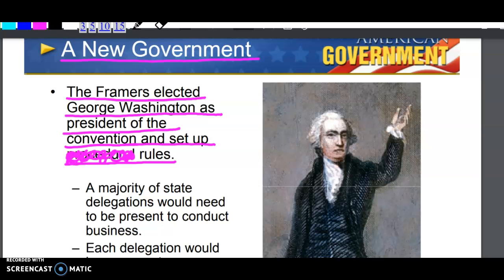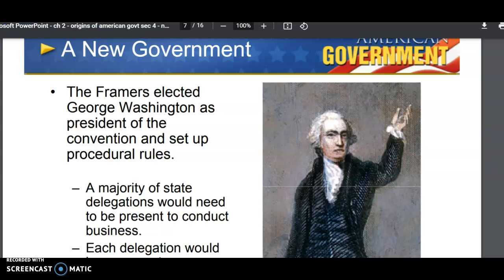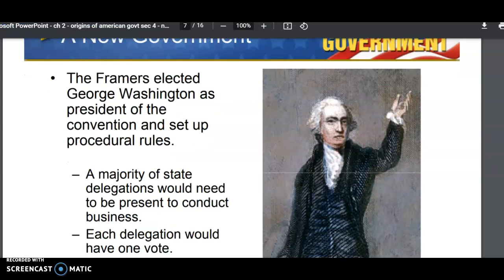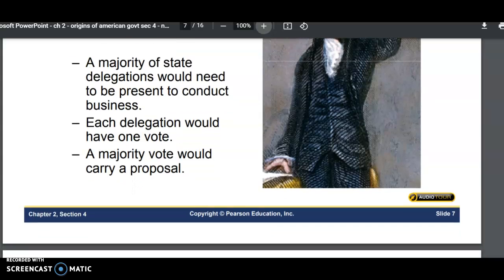So one of the rules is that a majority of state delegations or their representatives would need to be present to conduct business. So for them to have some say in what's happening, the majority of their state representatives or state delegates would have to be there.